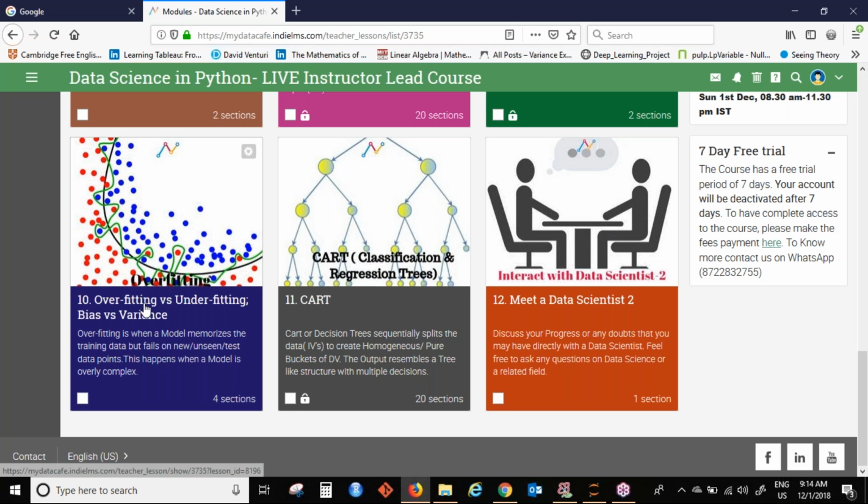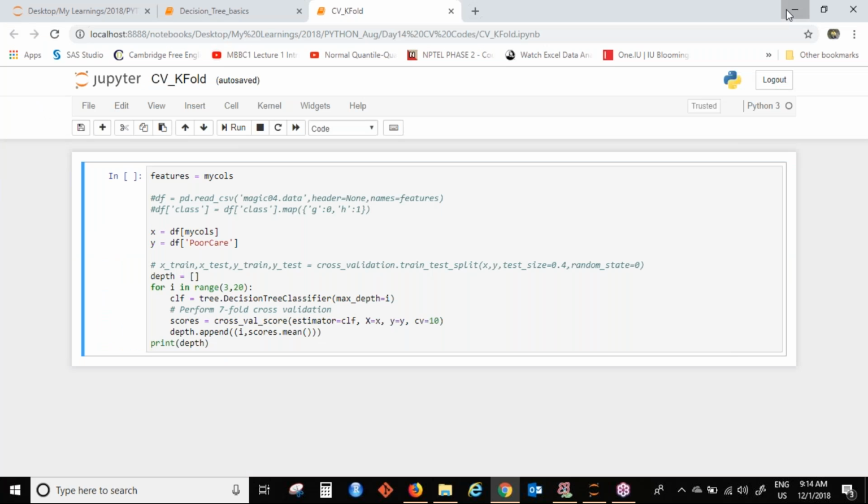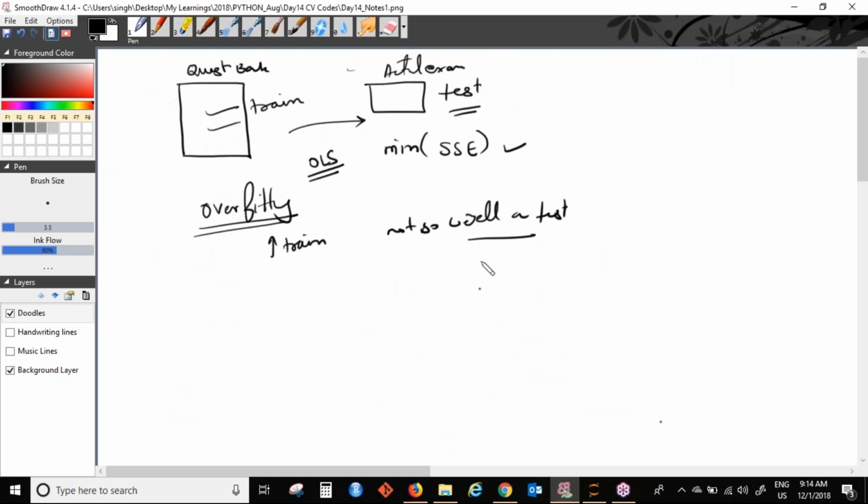But in real time, how do we evaluate this? I do not follow your question. So you have your training data, you have your test data. You can always calculate the error you are making on training data, and similarly on test data. If you find that the accuracy on training data is high, let's say around 80%, and the accuracy on test data is less, let's say around 60%, that means the model has overfit.